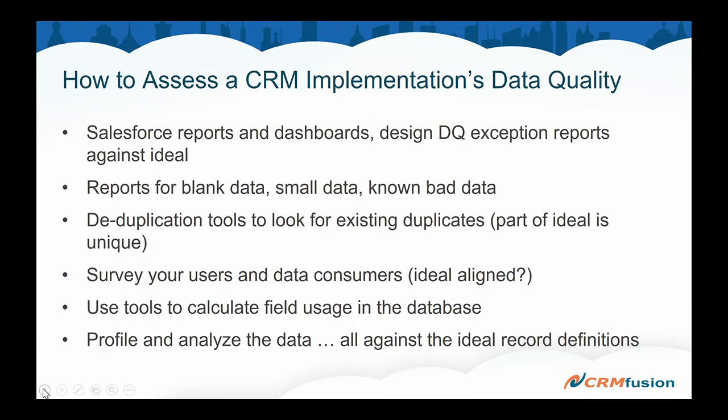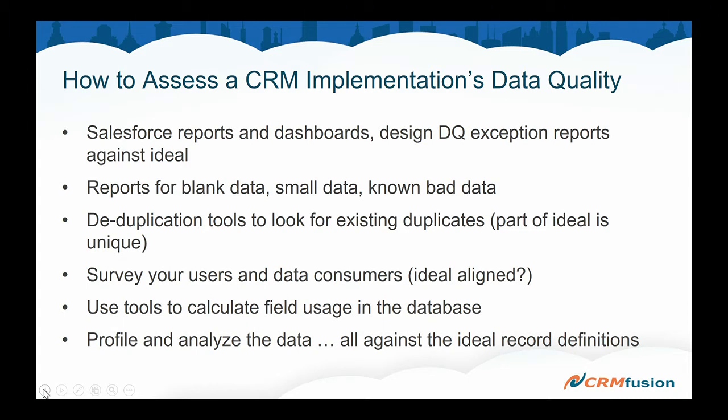So what tools do you have to assess that implementation? There's a bunch of them. Salesforce reports and dashboards: design specific reports that measure your data quality versus that ideal. Exception reports. I don't want to run a report for the records in California. I want to run a report for the ones that look like they're in California.